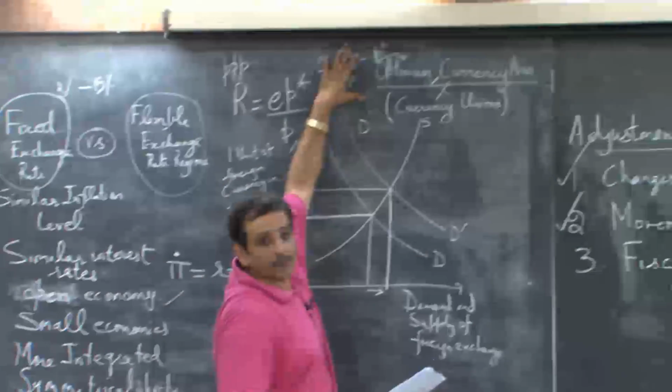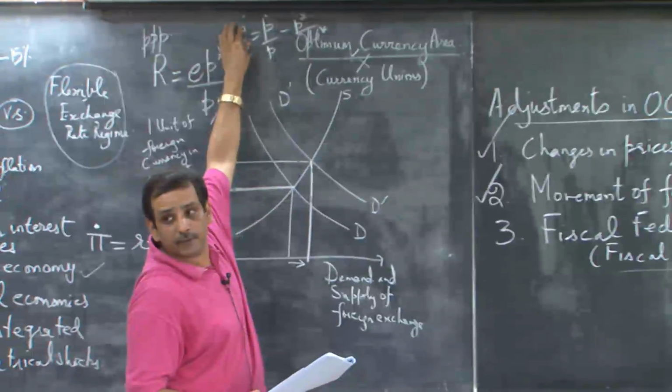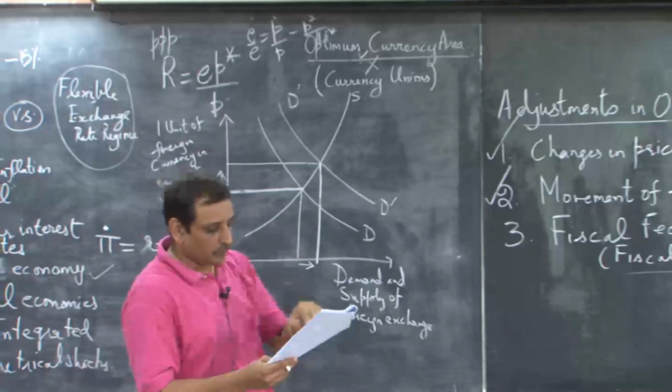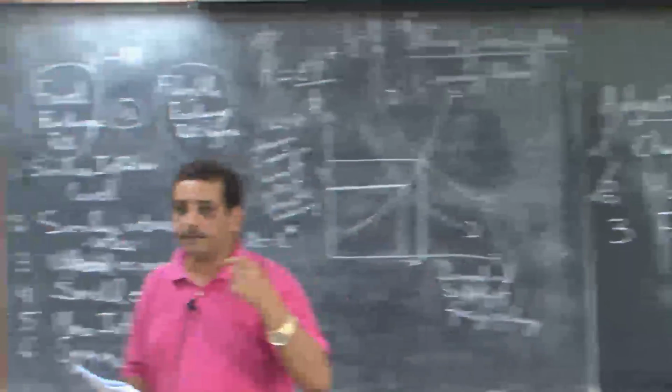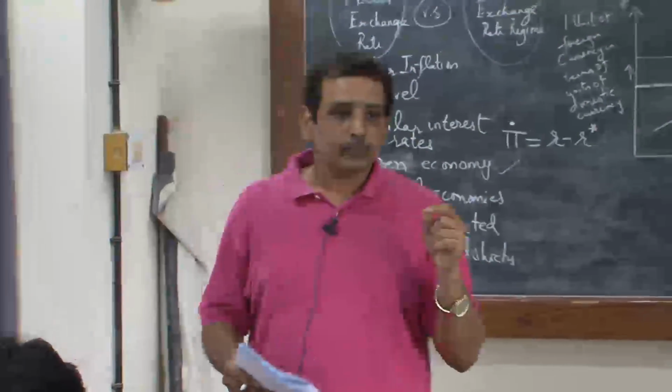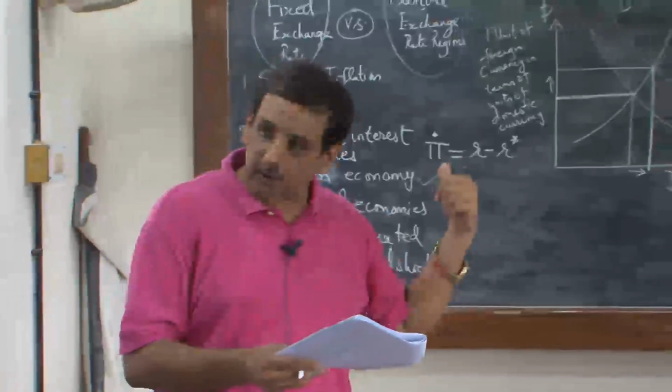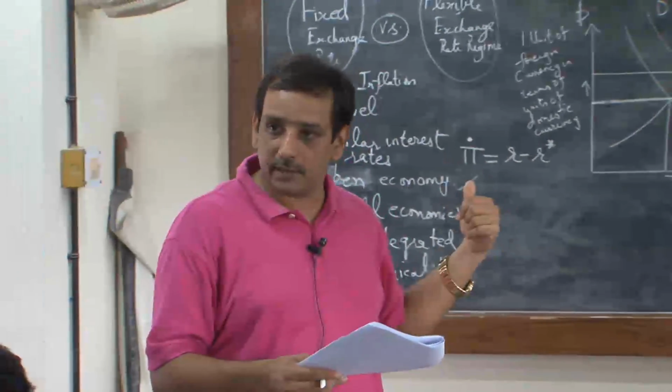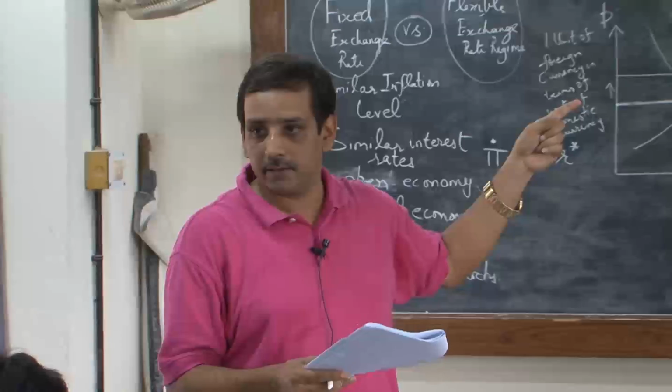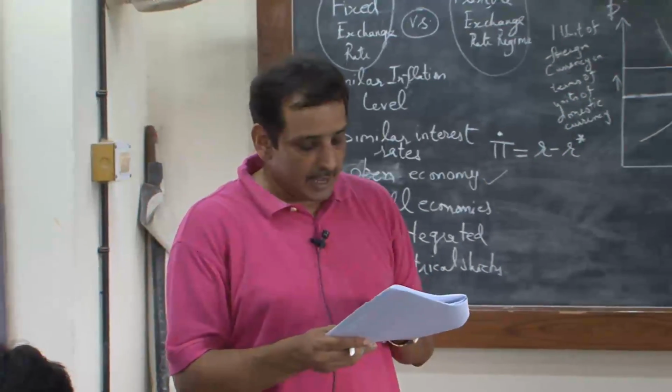If you have the same inflation levels, then you can have a fixed exchange rate regime. So the second and third criteria have an economic reason, that is uncovered interest parity and PPP.